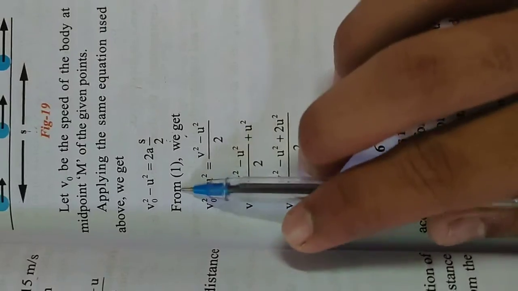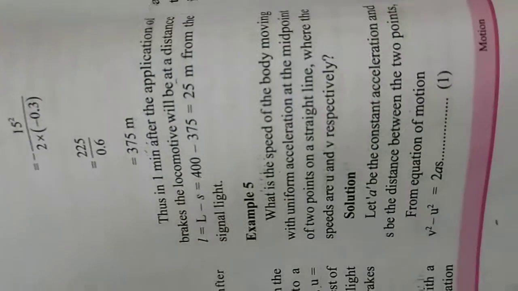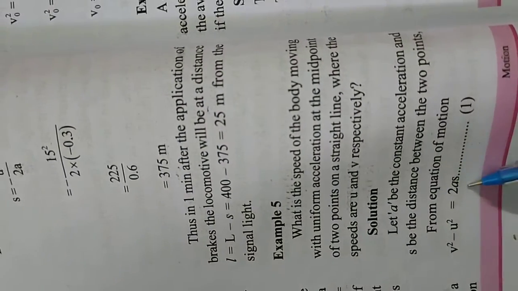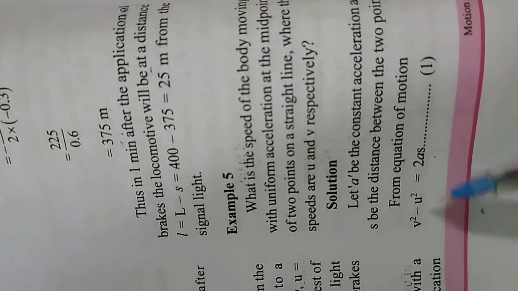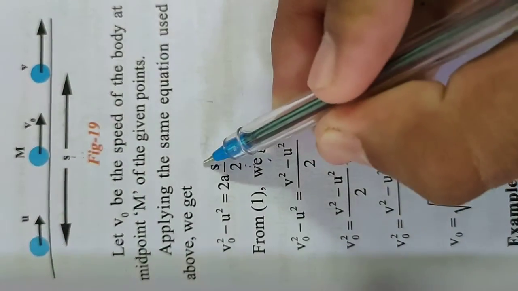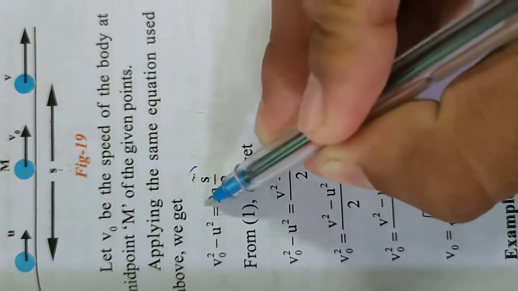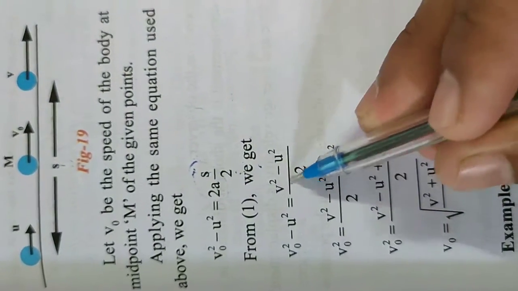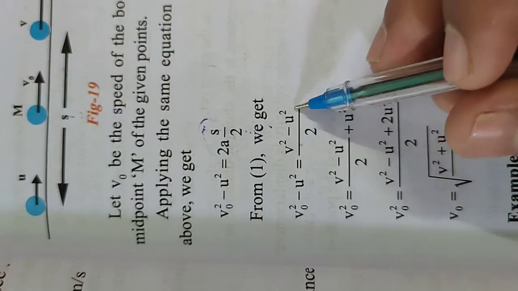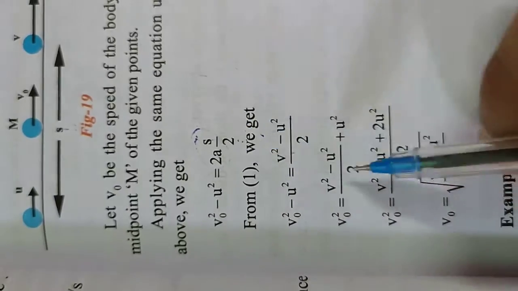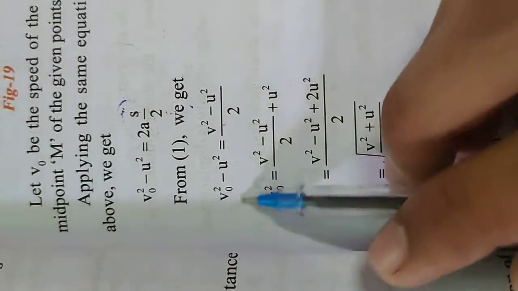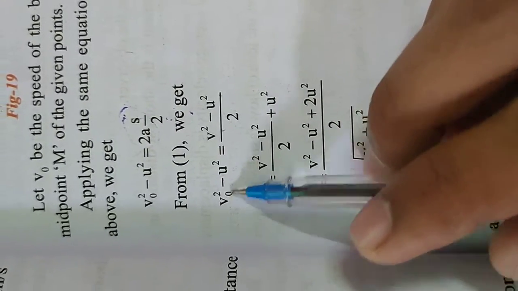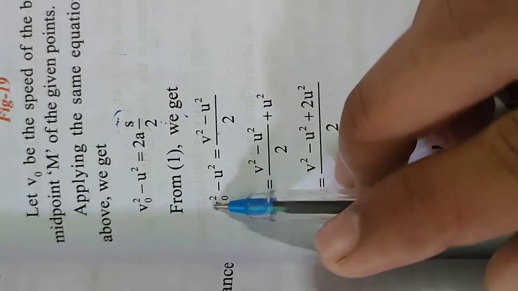Now from equation 1, the value of 2as is v square minus u square. So instead over here in 2as I'll write v square minus u square. This 2 is constant. Now I need to calculate v naught square, the velocity at midpoint.